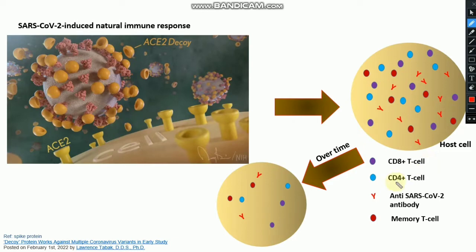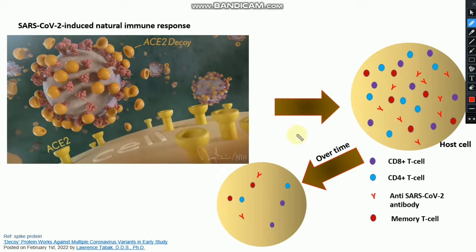The CD4 positive T cells are also known as helper T cells. They help the CD8 positive T cells and other immune cells to accumulate near the infected cells. And the anti-SARS-CoV-2 antibody reduces the infection, right? So this is the natural immunity and natural immune response induced by SARS-CoV-2.